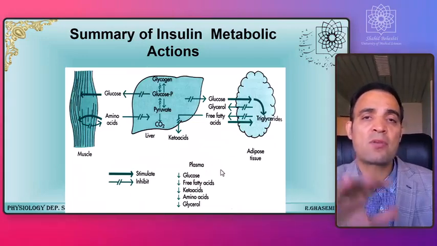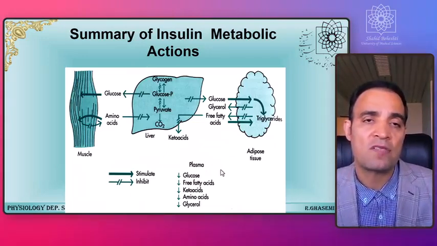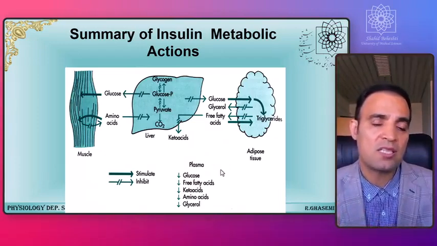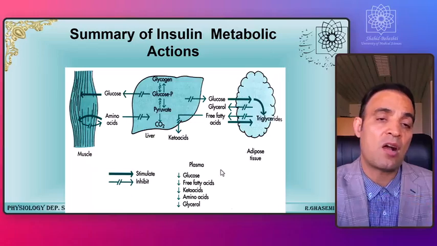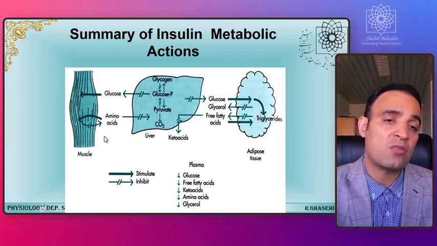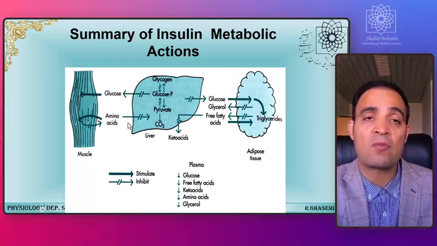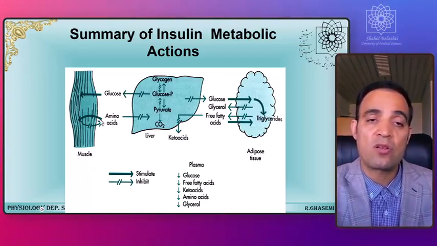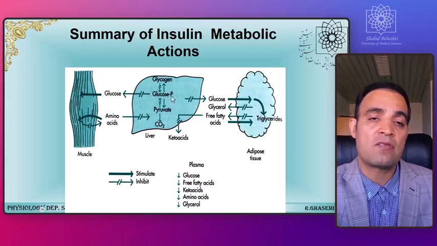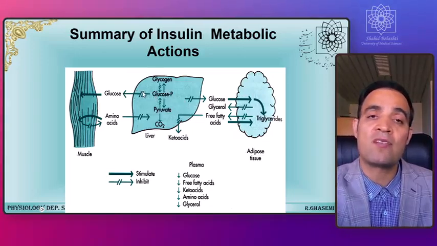And this figure summarizes the metabolic function of insulin. You can see glucose is taken up into the muscles, and amino acid entry into the muscle is higher than release of amino acids. Therefore, we have a net result of growth. In the liver, we see that glucose release from the liver is decreasing.